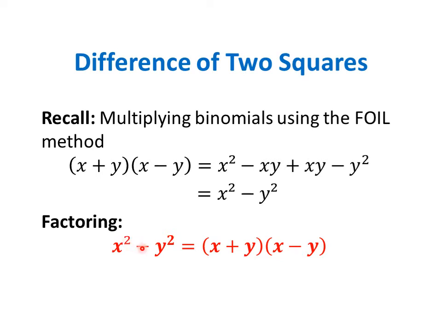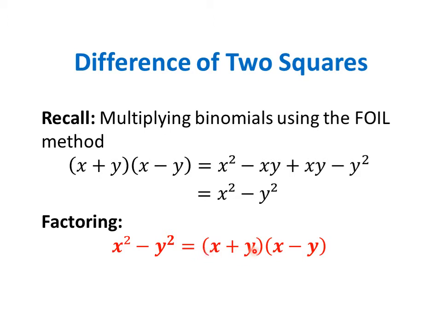We have minus here to indicate the difference, and both terms are perfect squares, meaning for each term we can get a square root. According to the derivation above, the factors of this expression consist of two binomials in which the terms are simply the square roots of the corresponding terms in the given binomial, such that x here is the square root of x squared and y here is the square root of y squared.